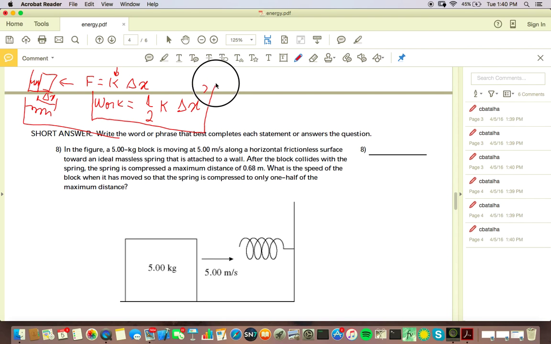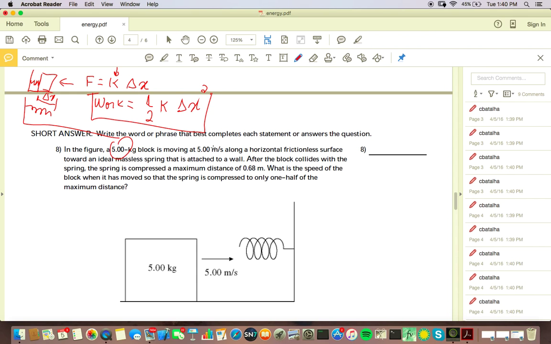This expression can be used whether you are compressing a spring or stretching it, so the amount of energy to do that type of work is basically the same. So let's take a look at problem number 8.